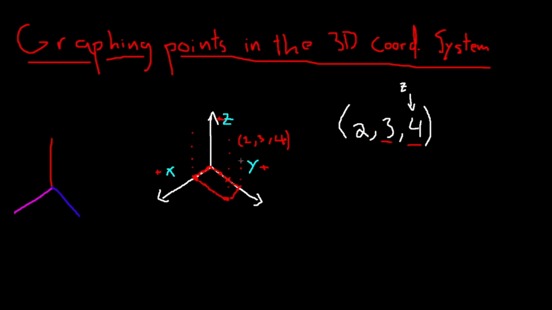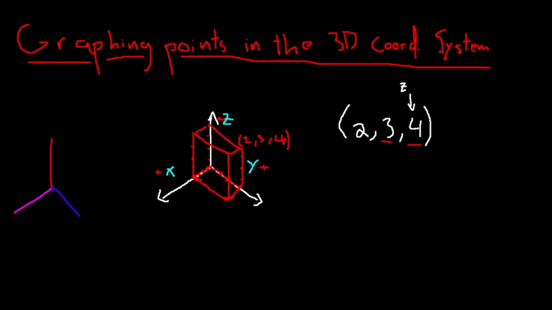Here's 1, 2, 3, 4. 1, 2, 3, 4. And now we can connect these. I know it's a little hard to see, but ultimately we should get a box that looks like that. We can connect these. And that's just to help us see this better.